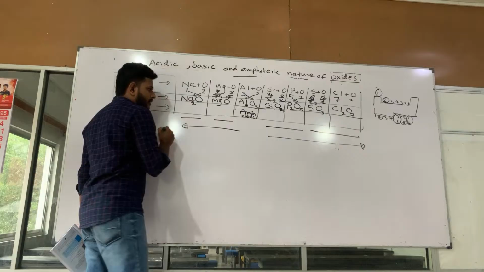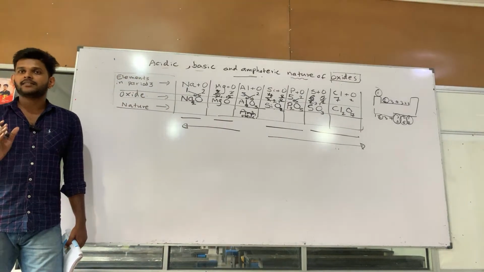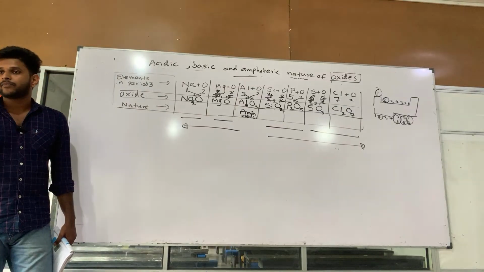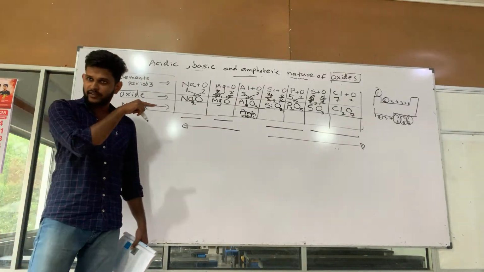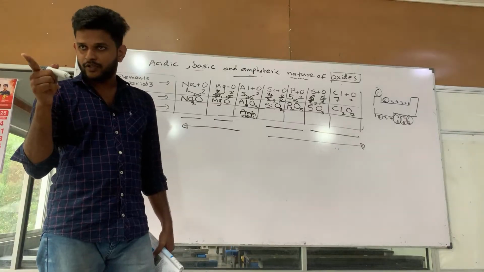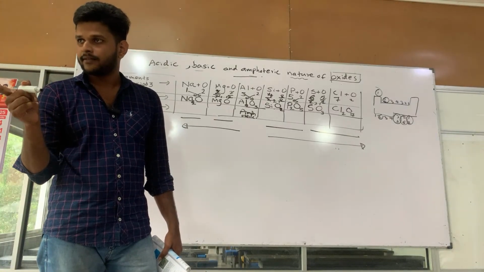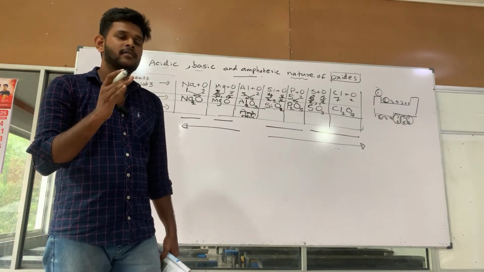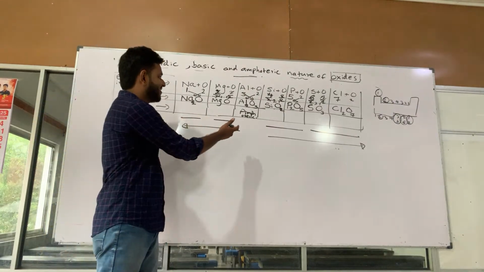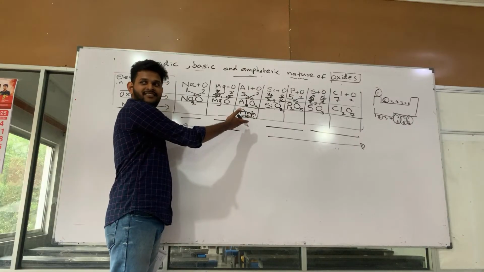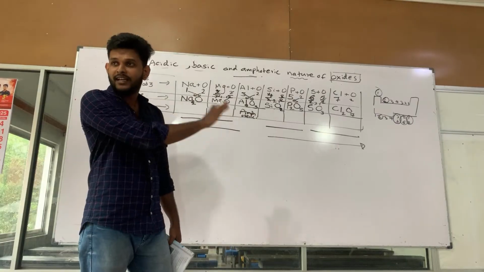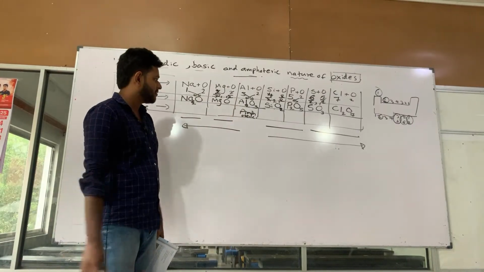You know that nature of oxides of metals are acidic or basic. Basic. In the previous week, I asked some questions regarding that part, no? You remember that? Oxides of metals are always... You cannot say that always basic, no? Mostly basic.